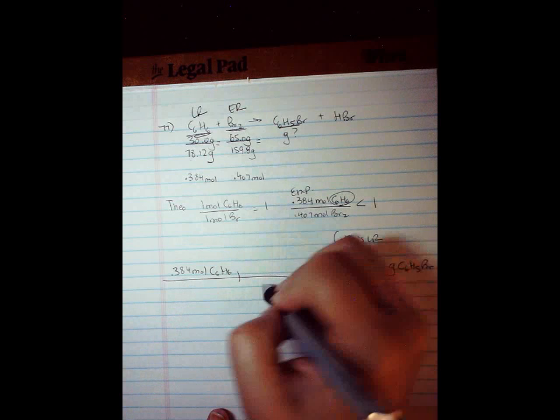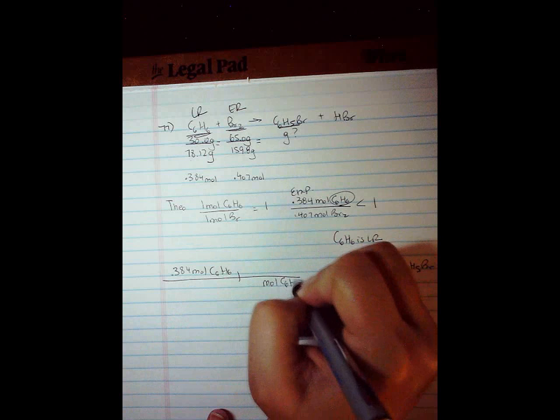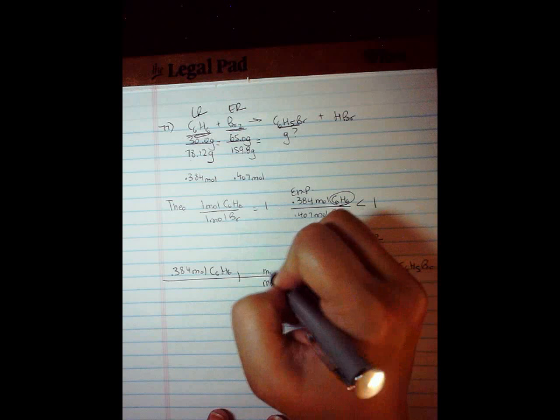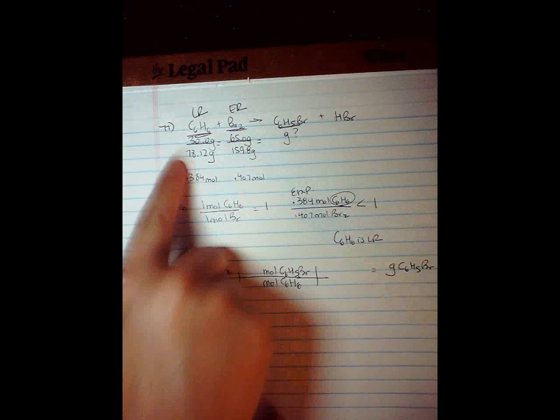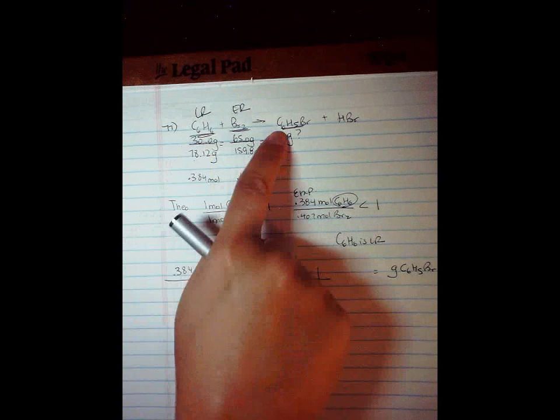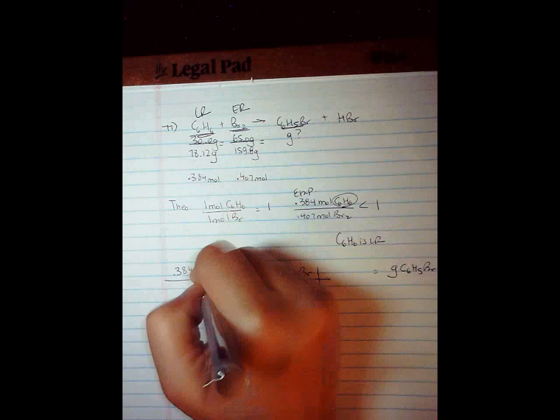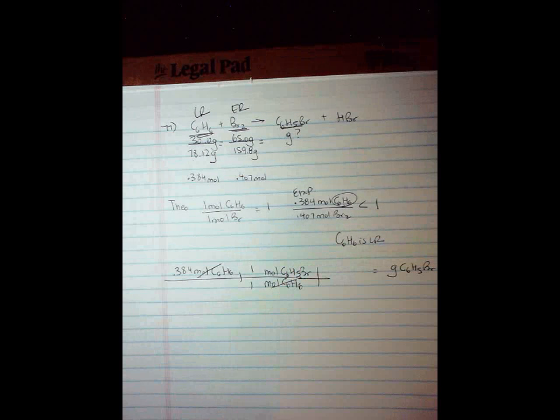The mole ratio will have moles of C6H6 in the denominator, moles of C6H5Br in the numerator. Luckily, it happens to be 1 to 1, according to the balanced chemical equation. Doesn't change my value very much, but I do this as a formality so that I can see how to change from one unit to the next.